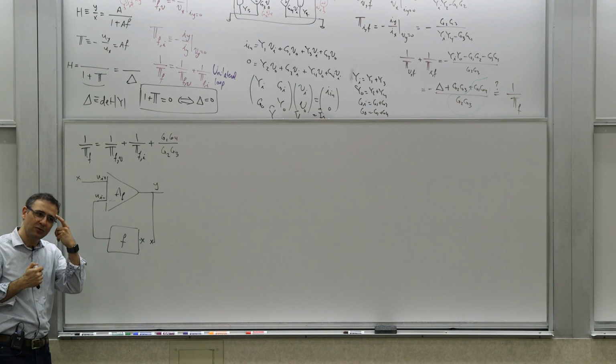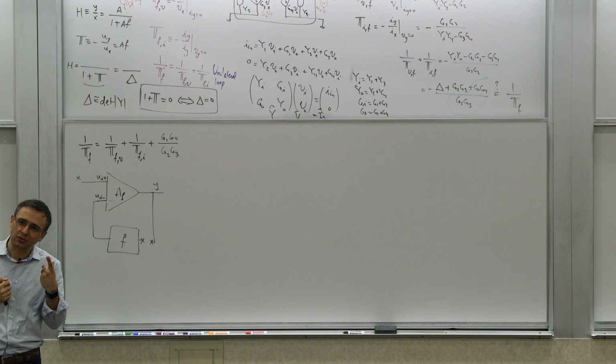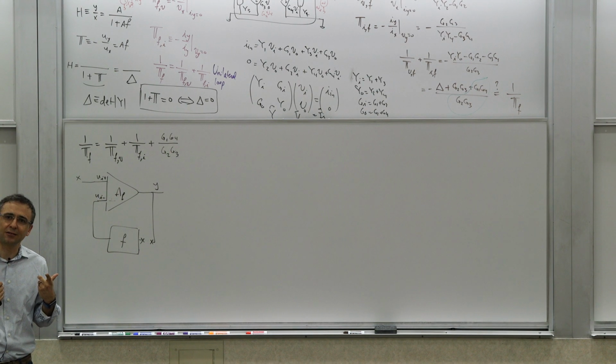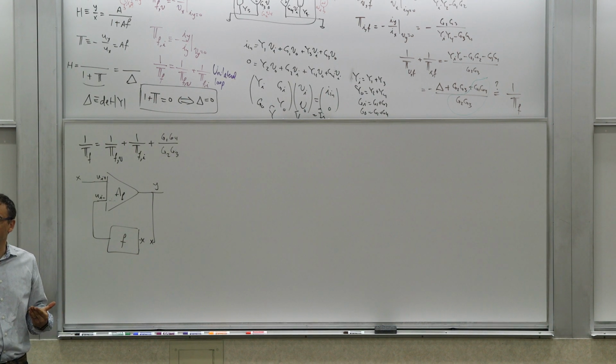But now it should give us a clue. What we're trying to calculate should give us a clue what the other two calculations are that we need to make, because we are really relying on things that depend on the reverse flow of the signal.